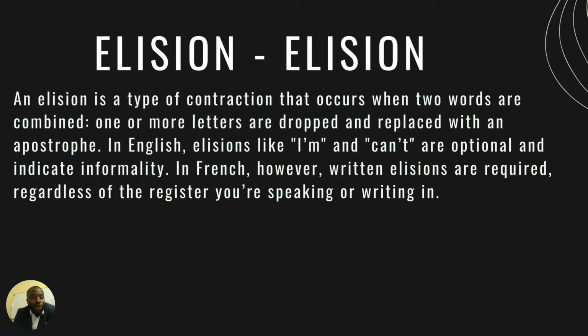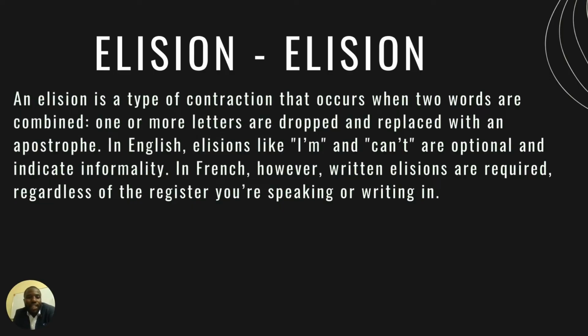We move on to what we call elision. An elision is a type of contraction that occurs when two words are combined. One or more letters are dropped and replaced with an apostrophe. And this is not unique to just French. It's also there in English, but in English, it indicates informality.